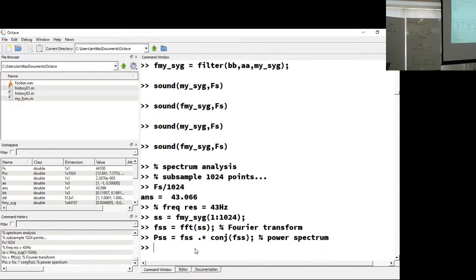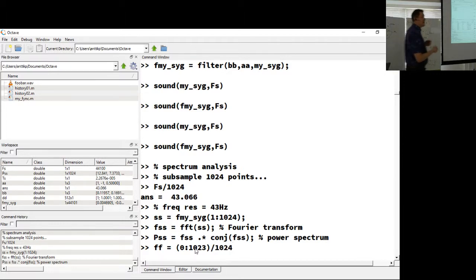There. What else do we need? Well, it would be nice to have a frequency scale. So the frequencies actually are the following: from 0 to 1023, so 0 frequency included, divided by 1024.